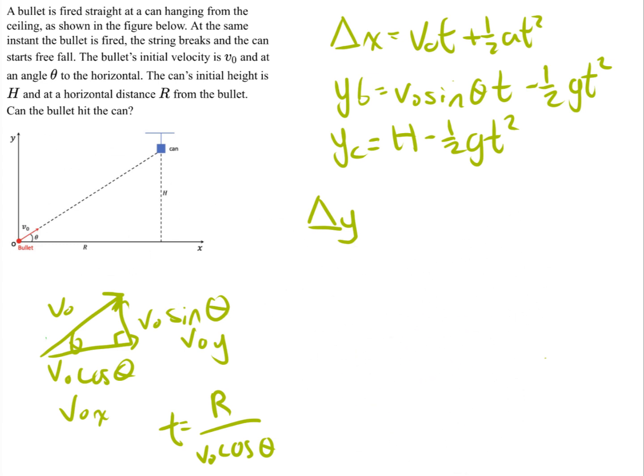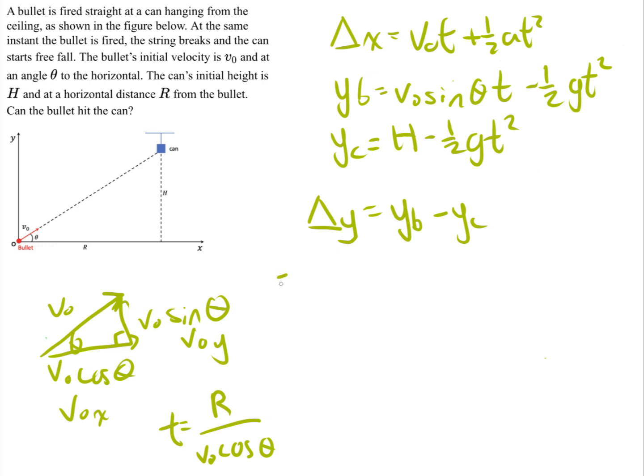So for this case, it doesn't really matter if you do the y of the can minus the y of the bullet. I'm just going to say that it's the y position of the bullet minus the y position of the can. But it doesn't matter much. You might get a negative value though. And as you've seen before, that is equal to this stuff that we figured out earlier.